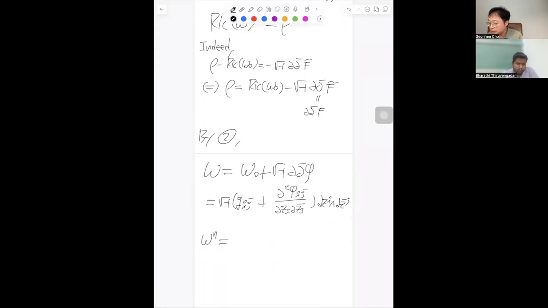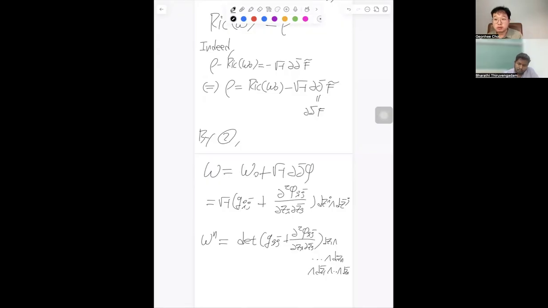That will give us the determinant of this expression. So we will get the determinant of g_{i j bar} plus this expression, times dz_1 wedge through dz_n wedge dz_1 bar wedge through dz_n bar.